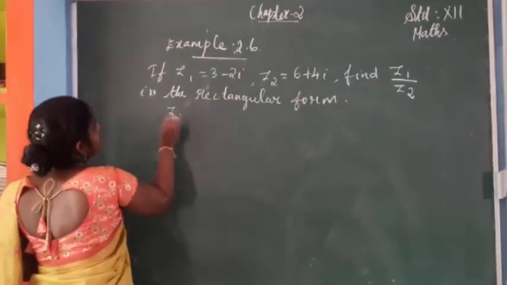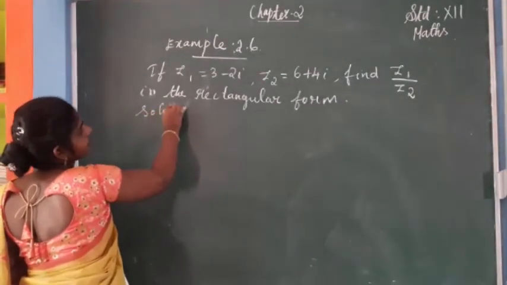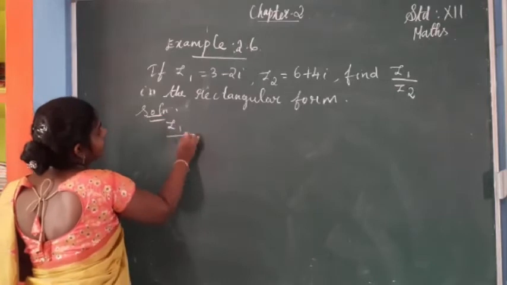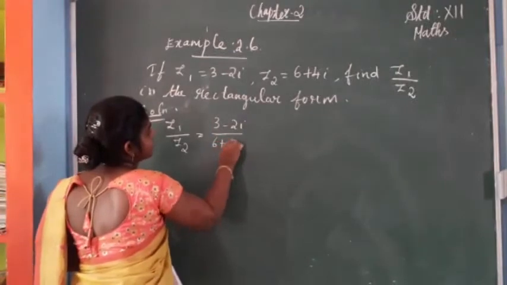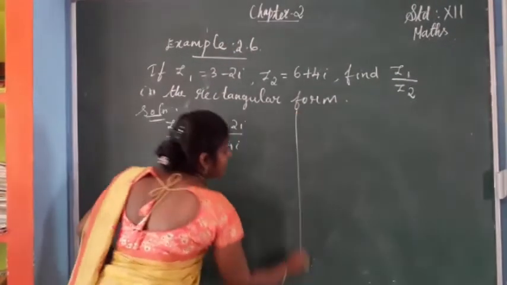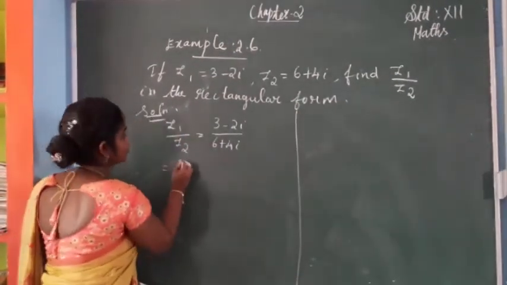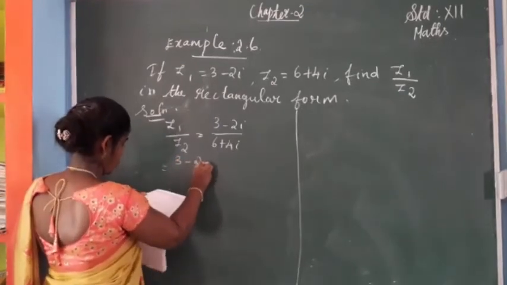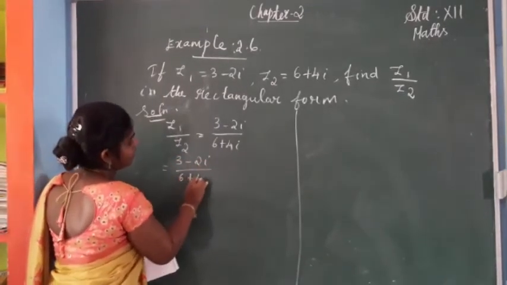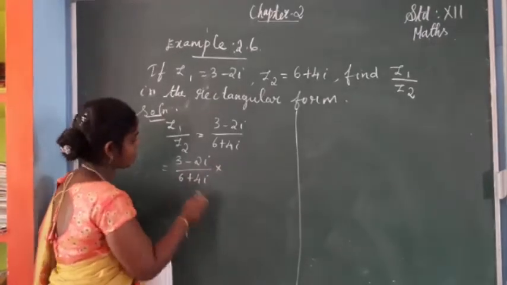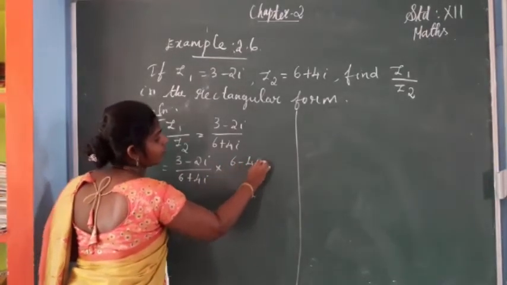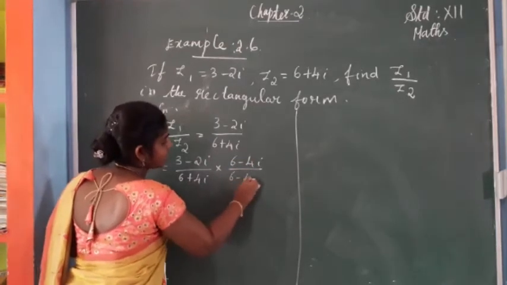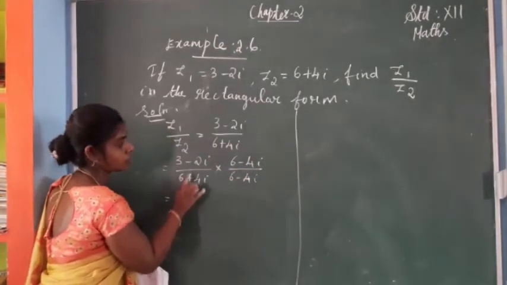So z1 solution, z1 divided by z2 is equal to 3 minus 2i divided by 6 plus 4i. Have to take the conjugate, that's equal to 3 minus 2i divided by 6 plus 4i into conjugate of 6 plus 4i, which is 6 minus 4i, 6 minus 4i divided by 6 minus 4i.